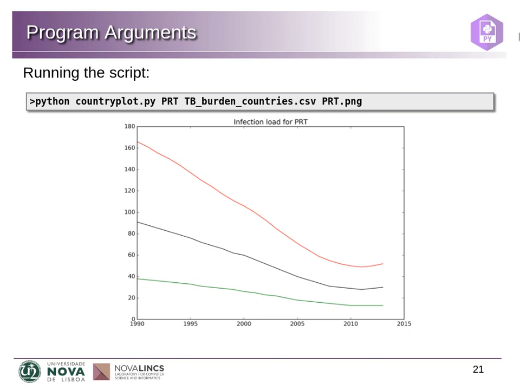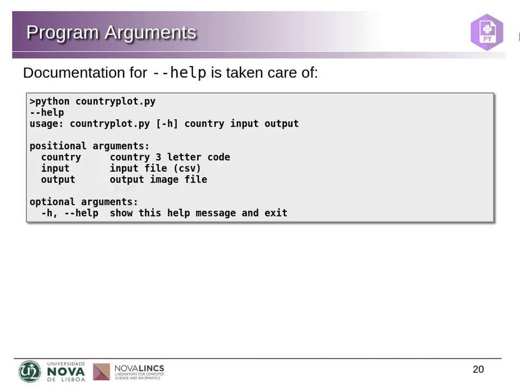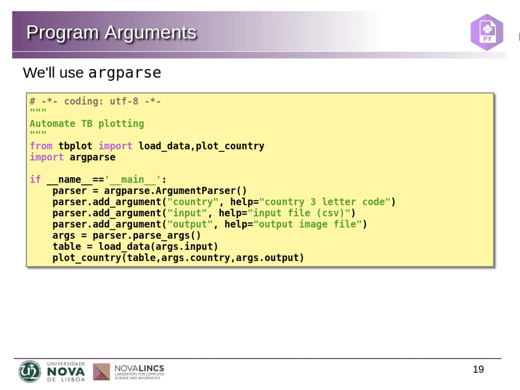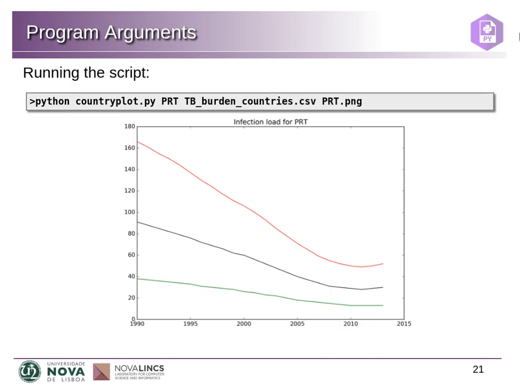If we call our script, so call the interpreter to run our script, and we give these arguments here: PRT, which is the code for the country that we want, the name of the input file from which we're going to read the data, and the output, which is the image that it will generate.